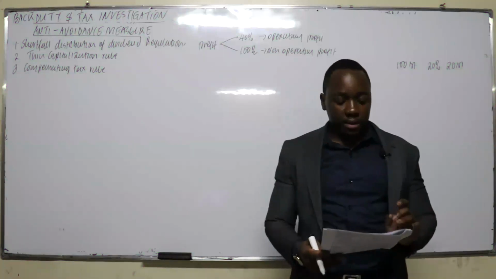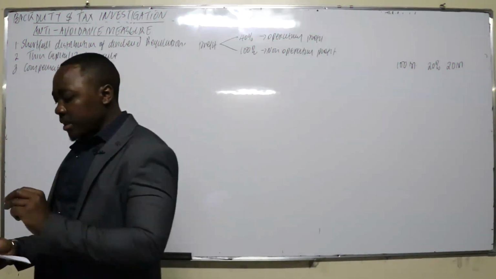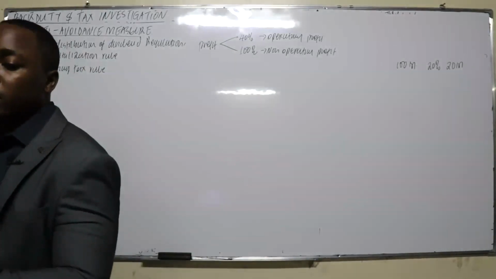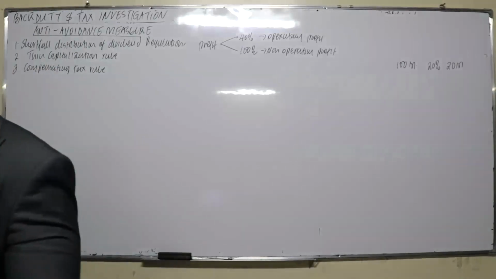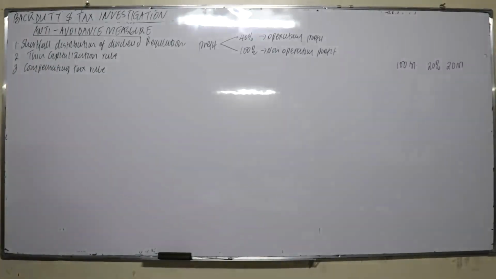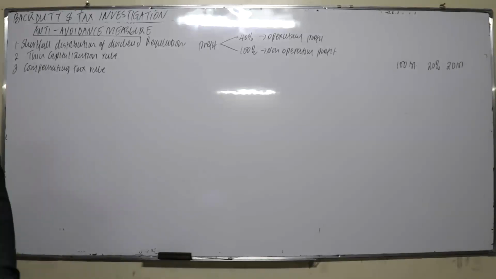So what are those measures? Companies are required to make the distribution to the shareholders in the form of dividends. Number one, at least 40% of the operating profit after tax. Number two, 100% of non-operating profit after tax. Now, companies may be exempted from such a requirement in the following circumstances.